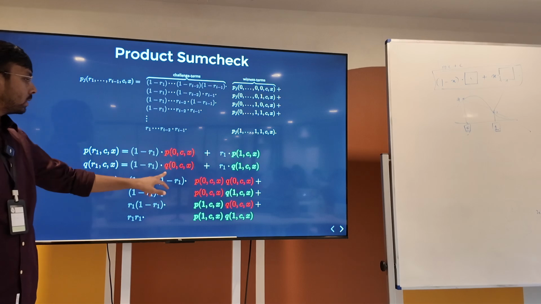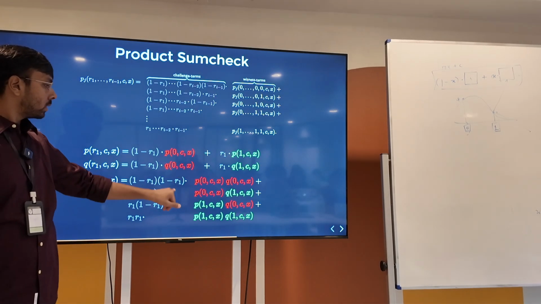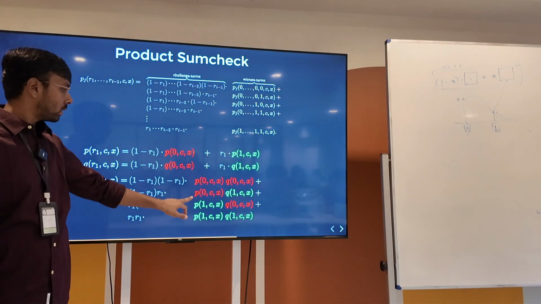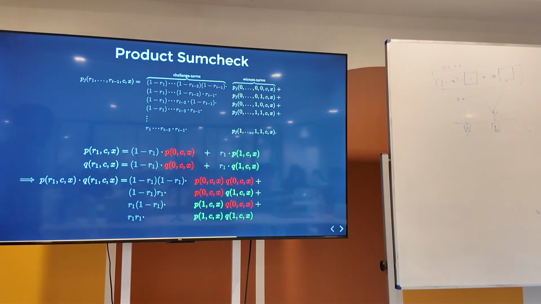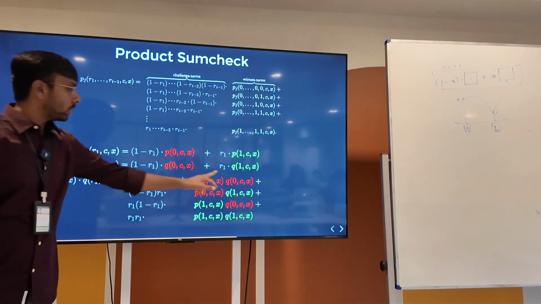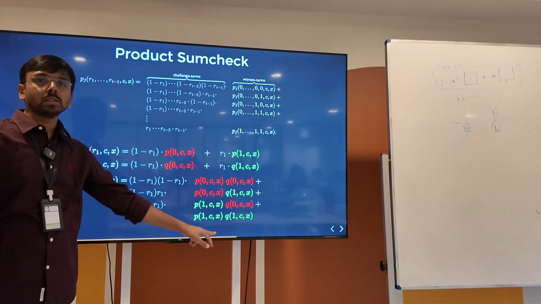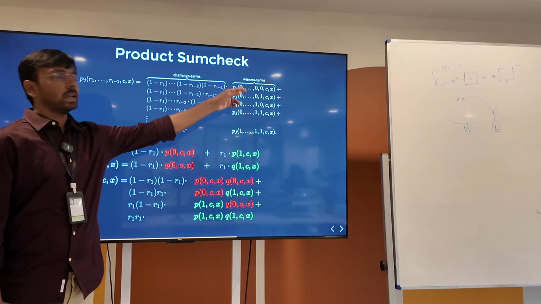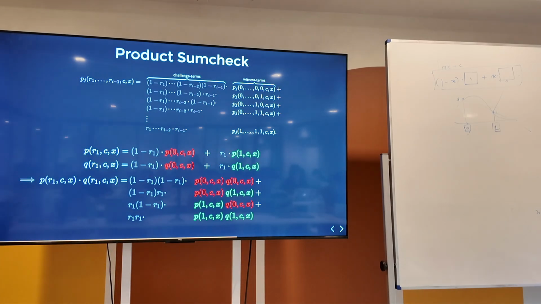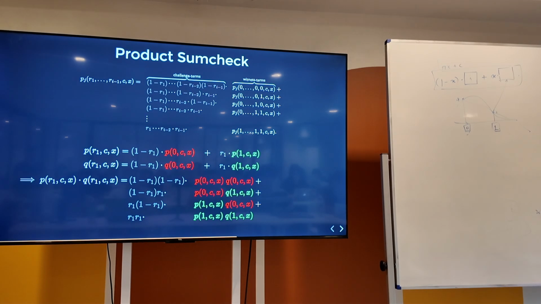P0 times Q1 and this one and this one. Yeah, exactly. That's exactly what the Karatsuba trick is, which means in this case you can reduce these 4 multiplications in the base field to just 3 multiplications. That I agree. What I'm asking is, can we do it in a more general case? And do we get benefits from that, or does it make our prover faster?